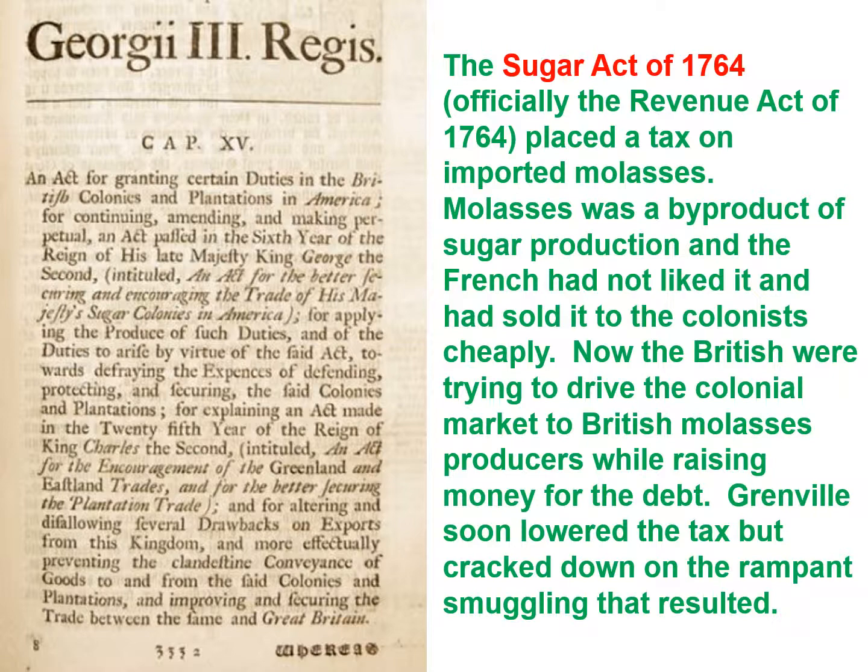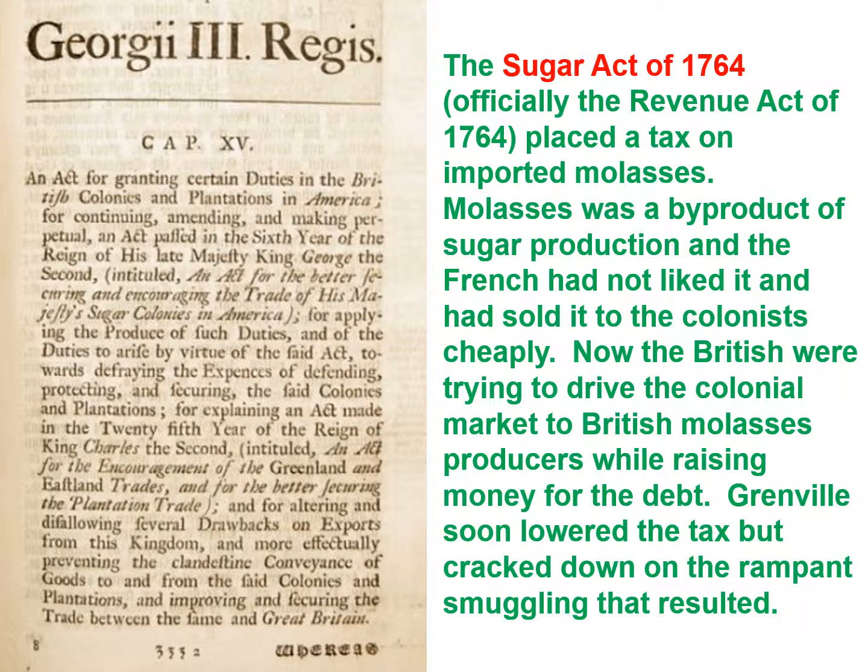Well, what Grenville decided to do was lower the duty or tax on the imports of molasses, but at the same time raise the penalty for smuggling to make smuggling much better enforced. And with better enforcement, they could raise money. They would stop the smuggling, even though technically it was a lower duty.